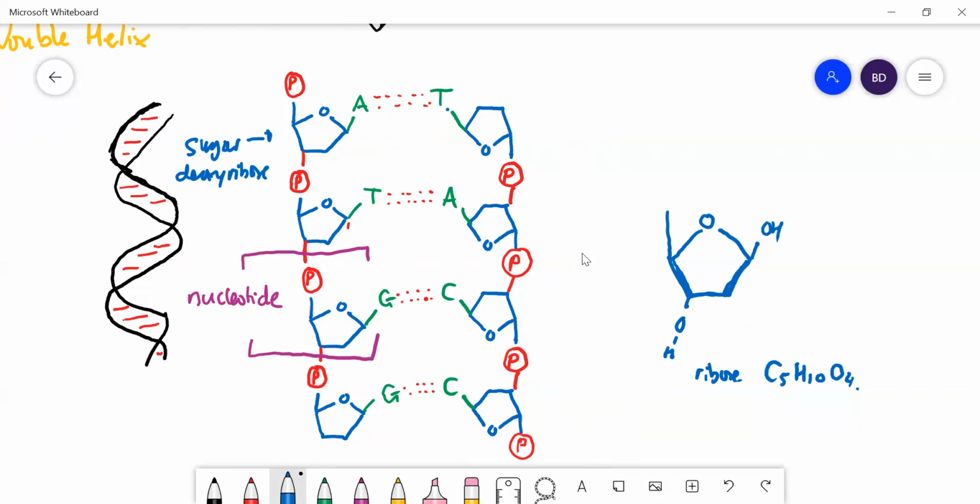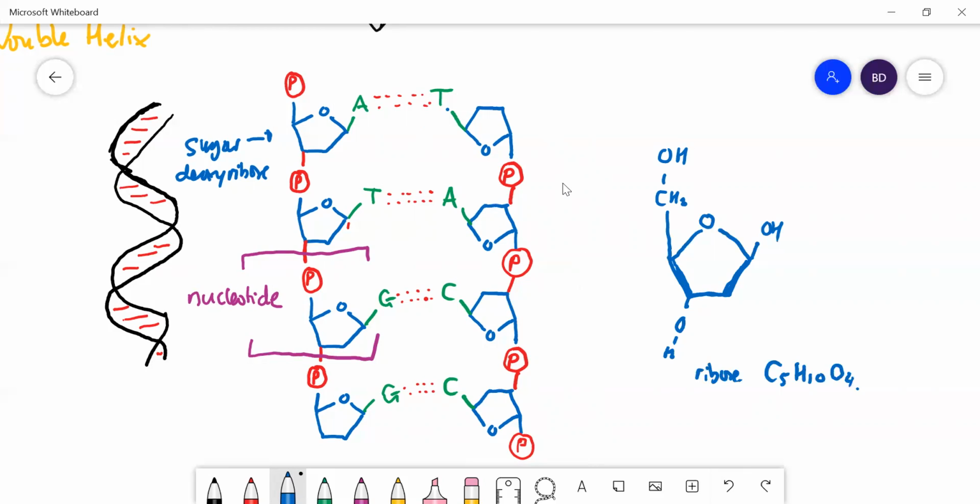So how many carbons have we got? We've got 1, 2, 3, 4, and 5. That's where the carbons are. And you also have an OH attached to this carbon here, so I'll just put CH2 to show there's a carbon there, and you've got an OH.